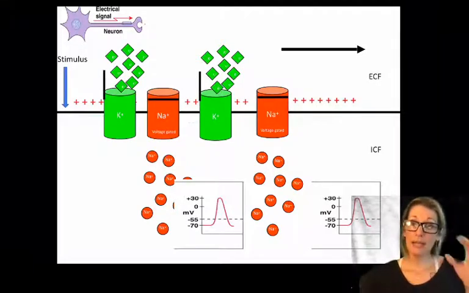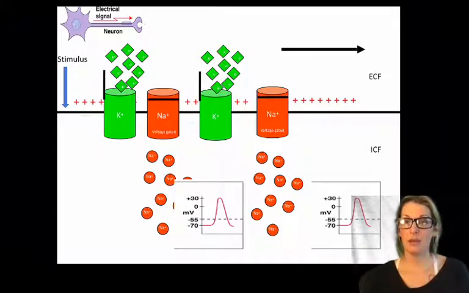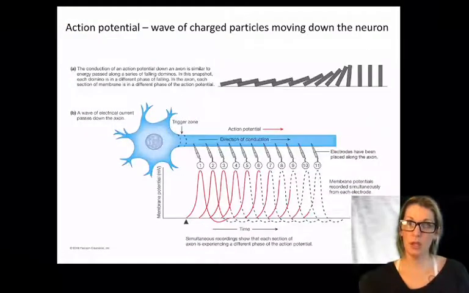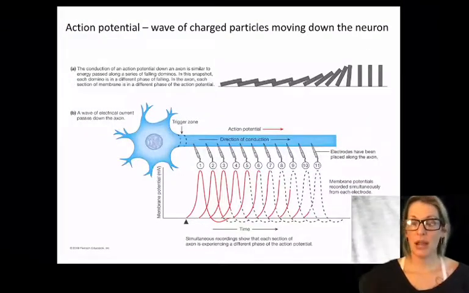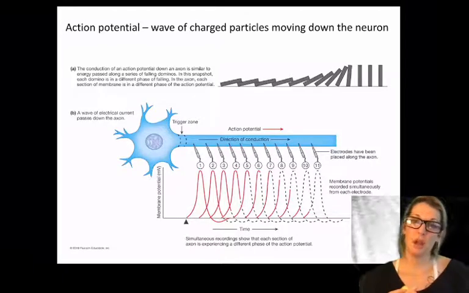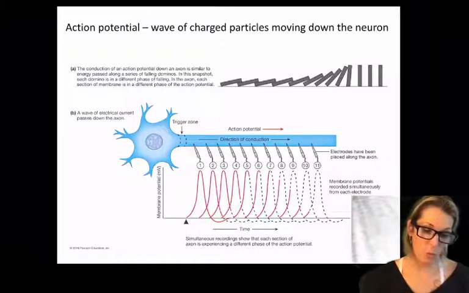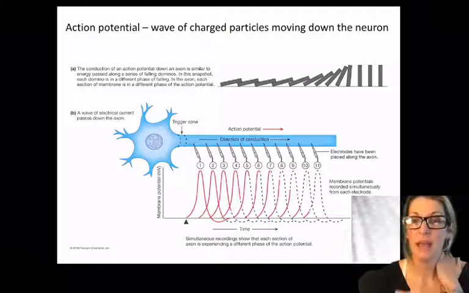So a lot of times you'll hear an action potential described as a wave of falling dominoes. The reason that it's described this way is because of what I was just talking about: you have this wave of depolarization that happens in one place at a time, then the next place, then the next, and it's triggered by the depolarization at the first location.